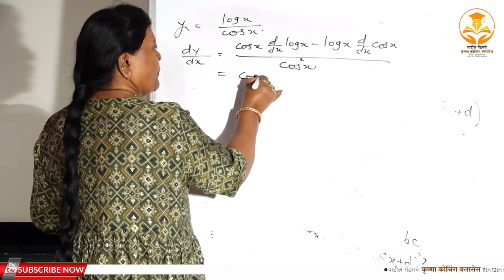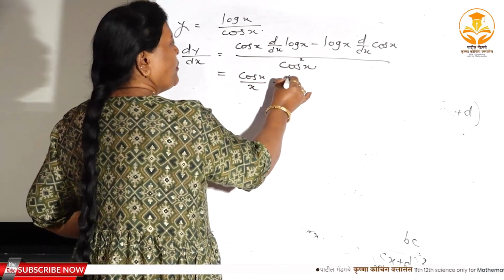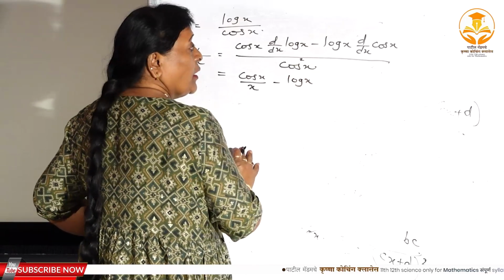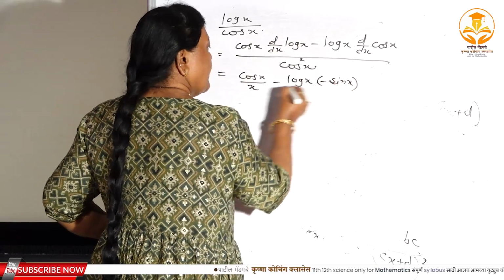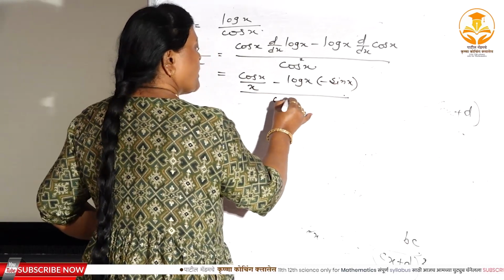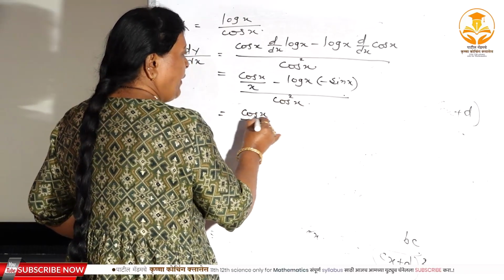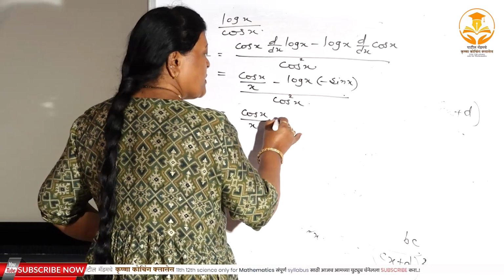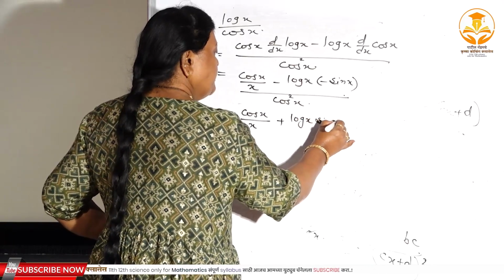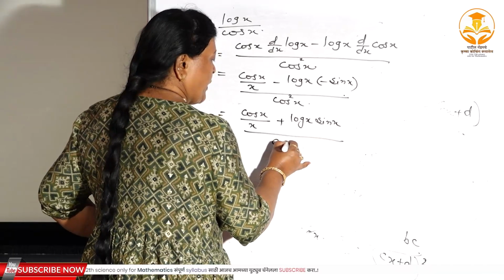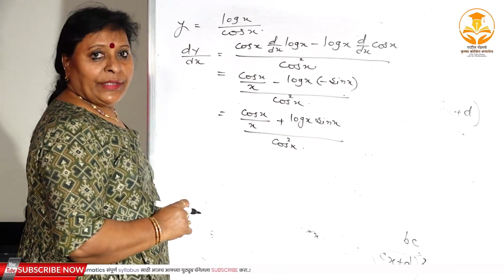What is the derivative of log x? That is equal to 1 by x, minus log x remains as it is. What is the derivative of cos x? Minus sin x, divided by cos square x, isn't it? Again, cos x divided by x, minus minus plus, log x into sin x divided by cos square x. Right? In this way, you can apply the division rule.